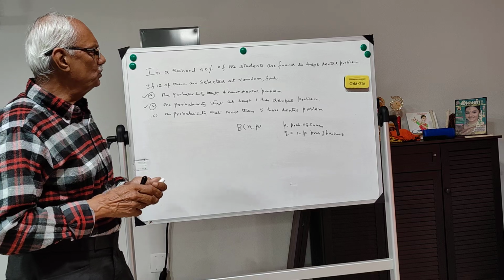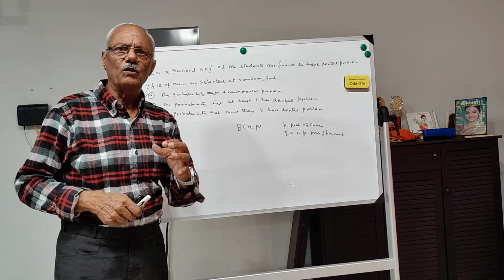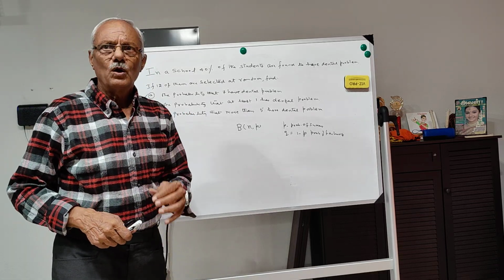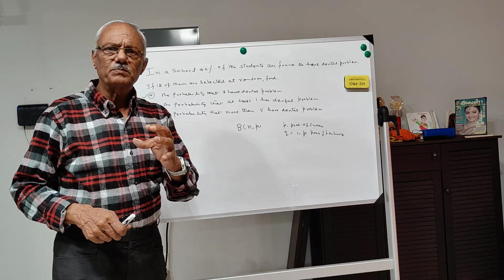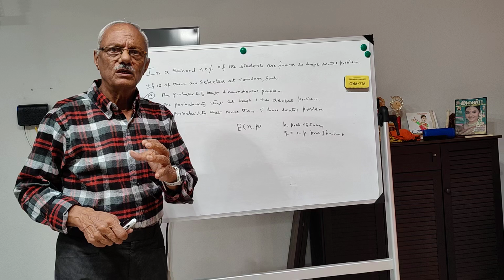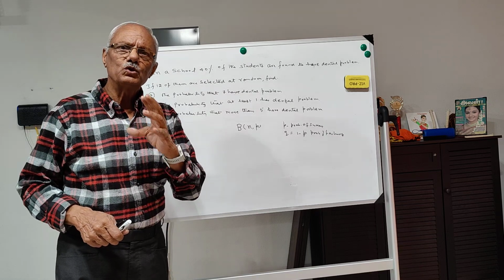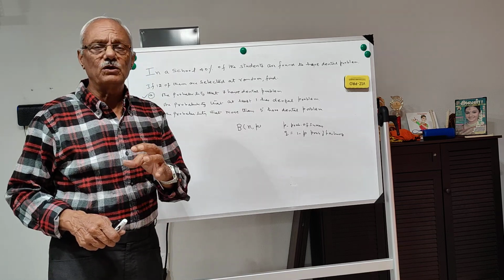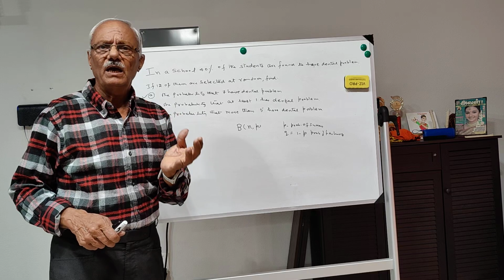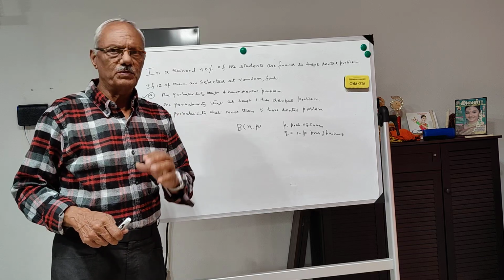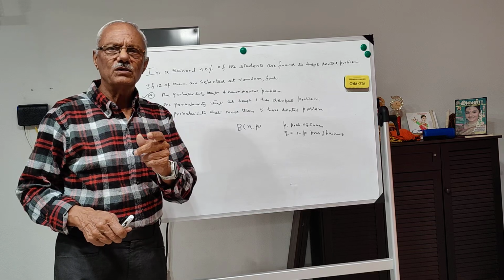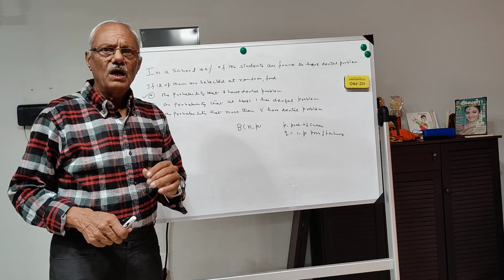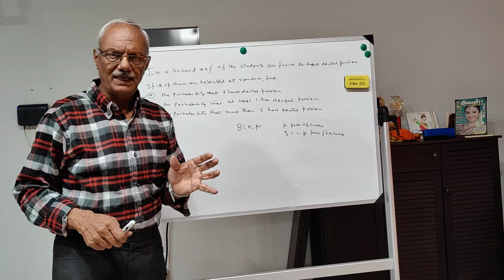This binomial distribution is based on Bernoulli's principle. What does Bernoulli's principle state? It says there can be only two outcomes in an unbiased experiment. For example, if you toss a coin, it can be either head or tail, and no more than that.